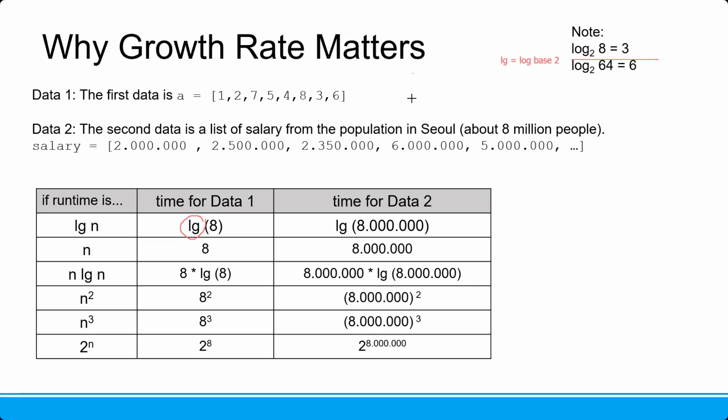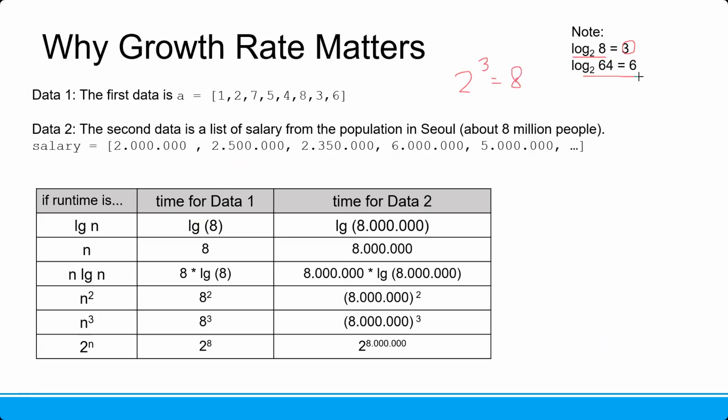Okay. So log base 2 of x, what does it mean? We want to find the power of 2 that equals x. So log base 2 of 8 means 3, and 2 to the power of 3 is equal to 8.